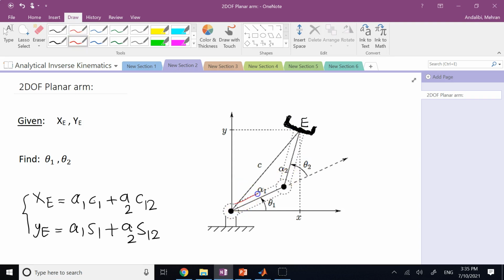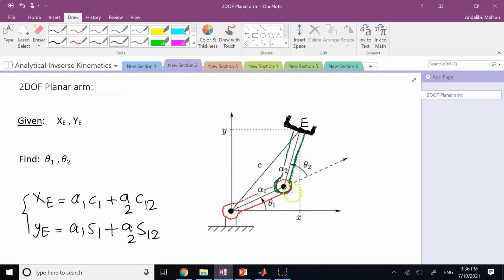You see here, that is my first link. And then I have my second link, which is rigidly attached to the end effector. The second link and first link are pivoted at this point, and the first link is pivoted at this point.